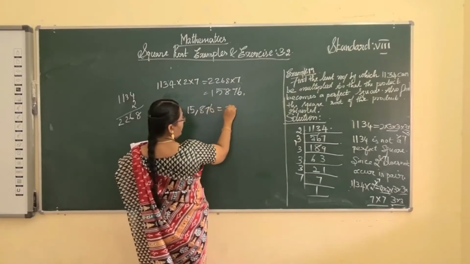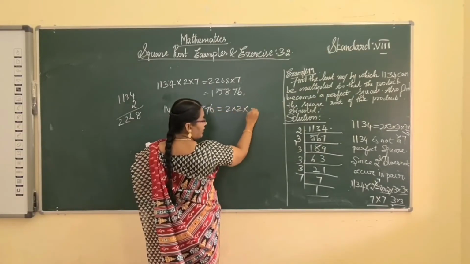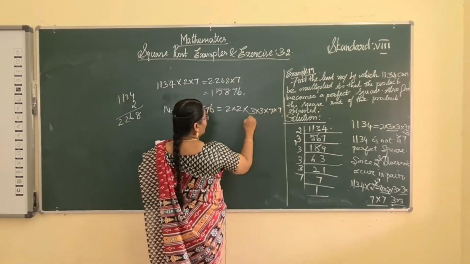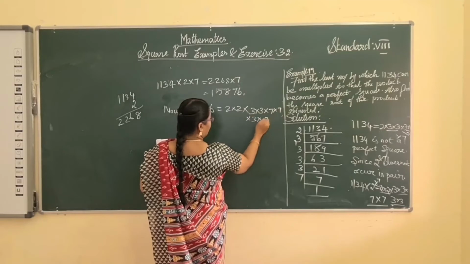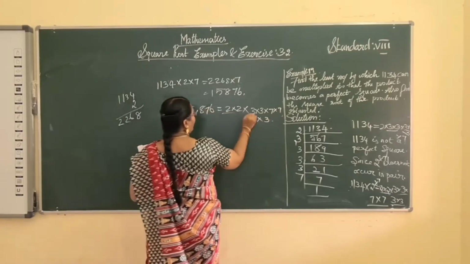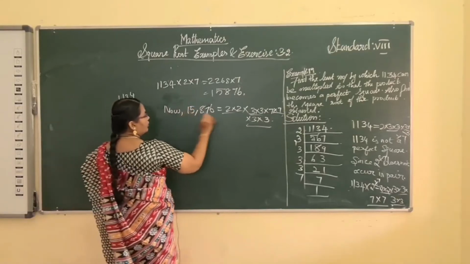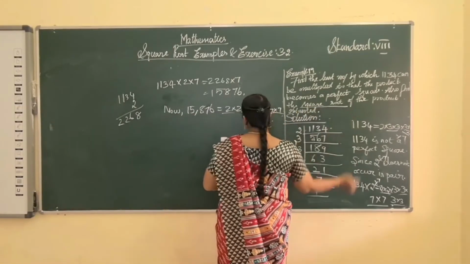15,876 is equal to 2 into 2 into 3 into 3 into 7 into 7 into 3 into 3. Okay, now we got the equal pairs. Okay, now we have to find the square roots.